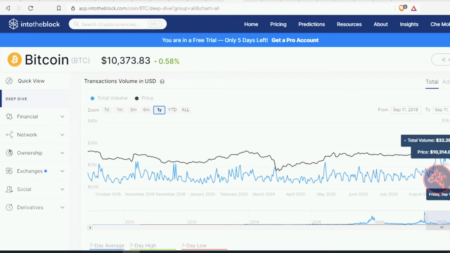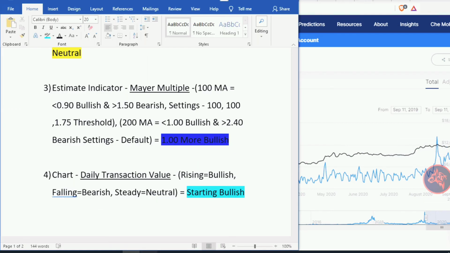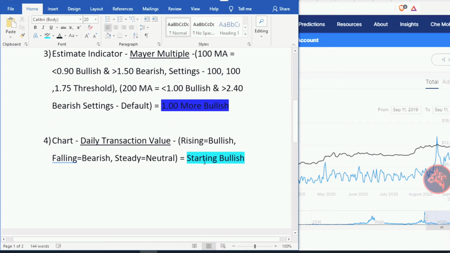That's what I want to see. Then I look into it on a daily level, and it's gone down from yesterday. With that being said, the daily trend is starting to go bearish, not bullish. This was from yesterday. I was going to make this bullish, but it's starting to go bearish, so I need to change that to bearish.